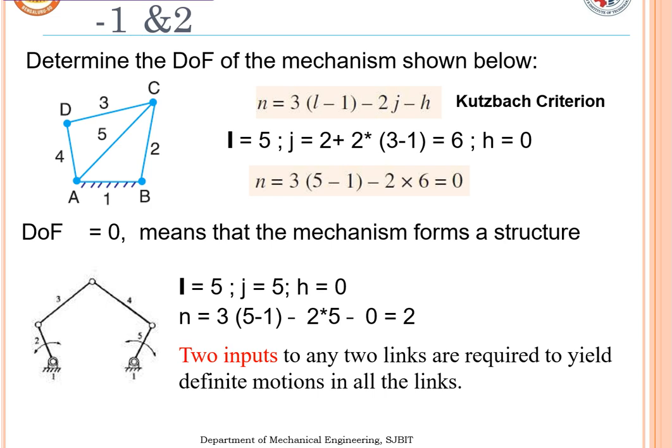Here the number of links is 5, the number of joints is 5, and the number of elements with higher degree of freedom is 0. So n is equal to 2 here. Two inputs to any two links are required to yield definite motion in all links.